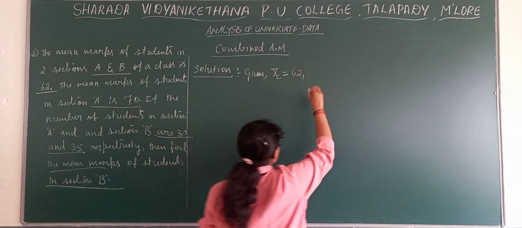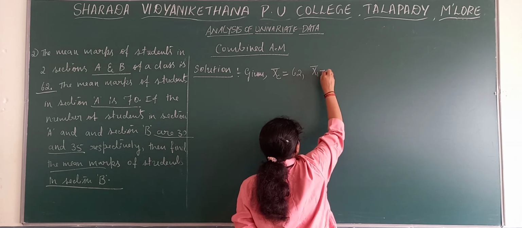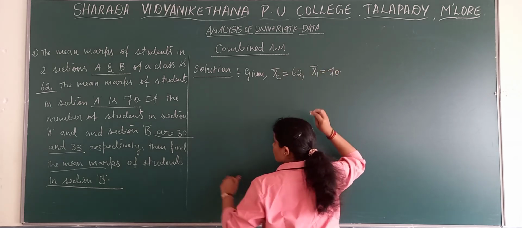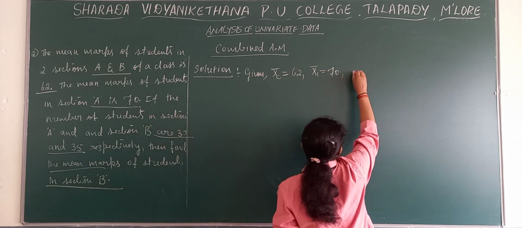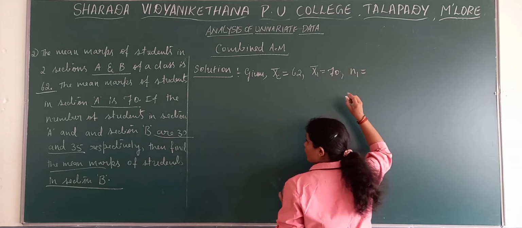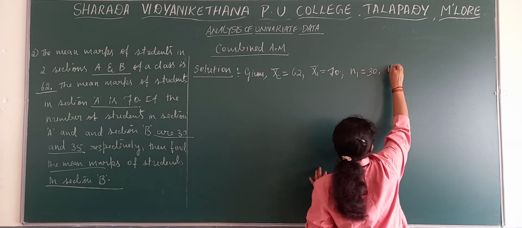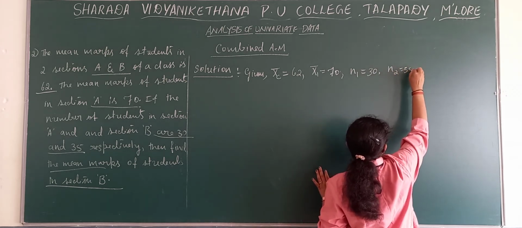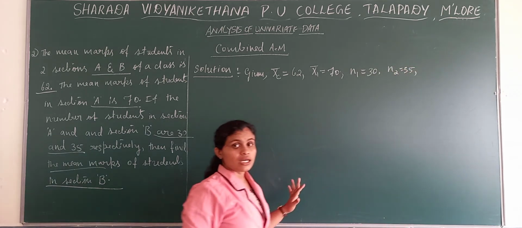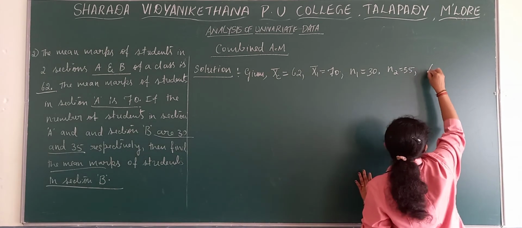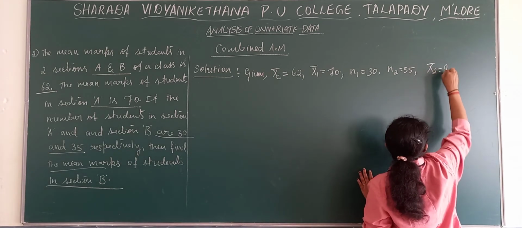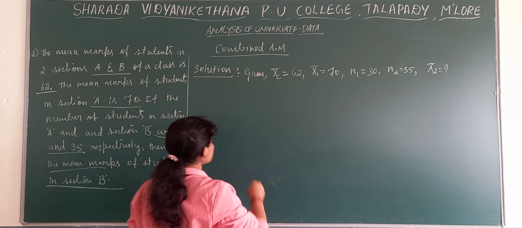Then we have x bar 1 as 70. Then we have the information of N1 as 30 and N2 as 35. So what is missing here? x bar 2 is missing. In the given problem, x bar 2 is missing.